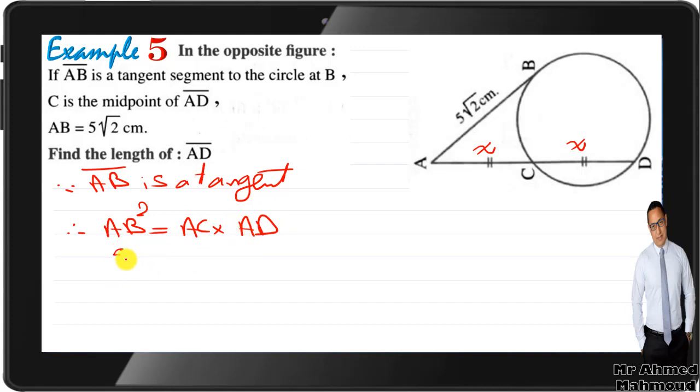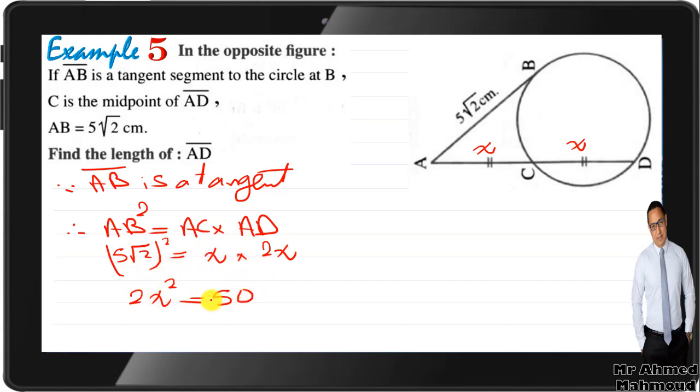So 5 square root 2 to the power of 2 equals X times AD, which equals 2X. X times 2X equals 2X to the power of 2, equals 5 root 2 to the power of 2, equals 50.